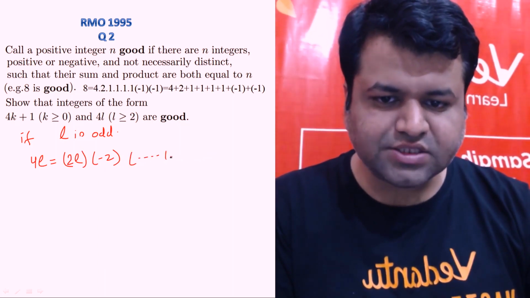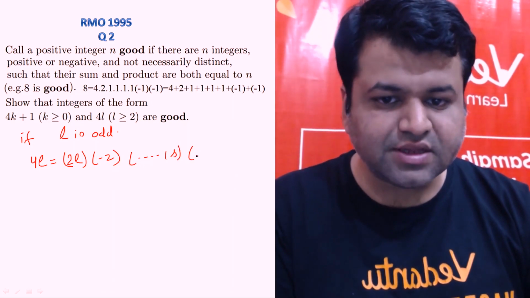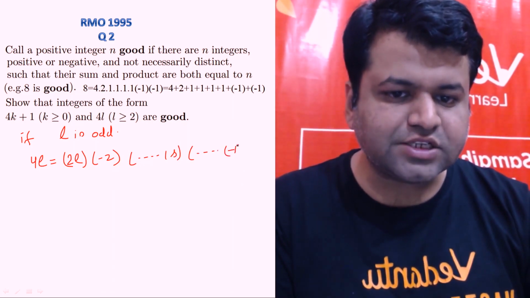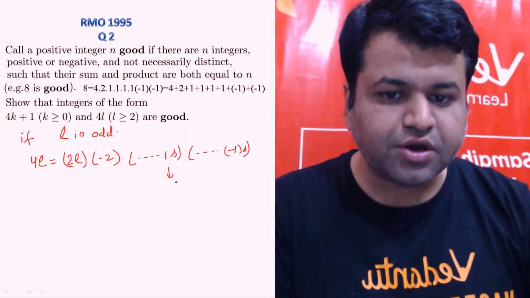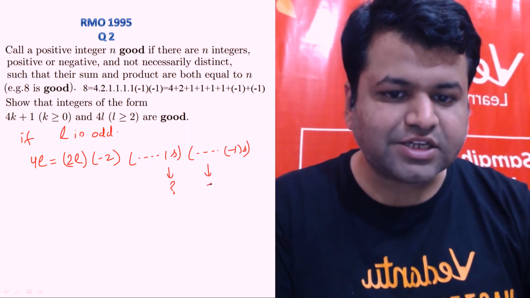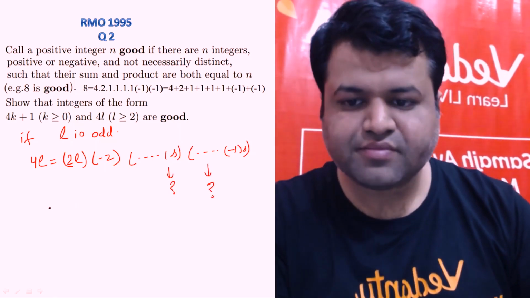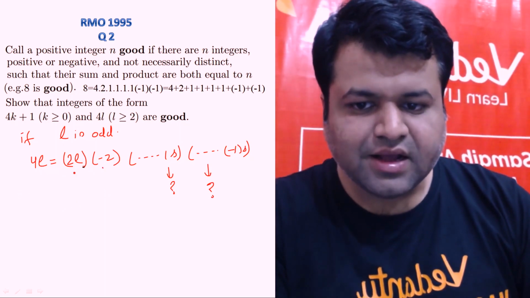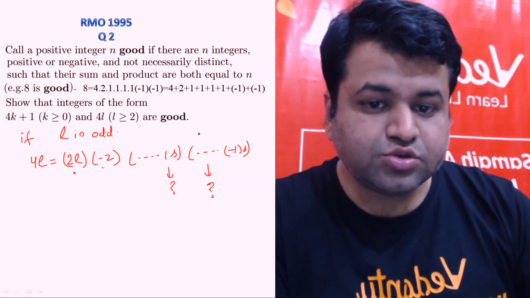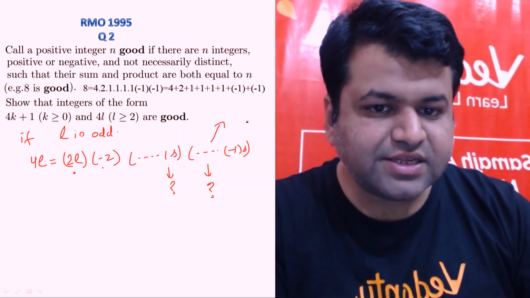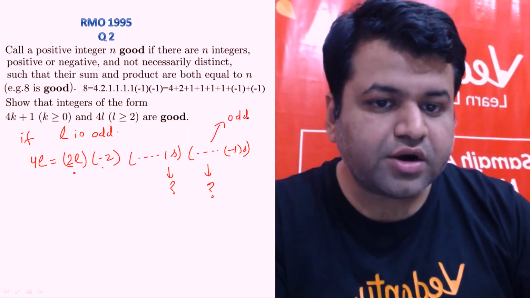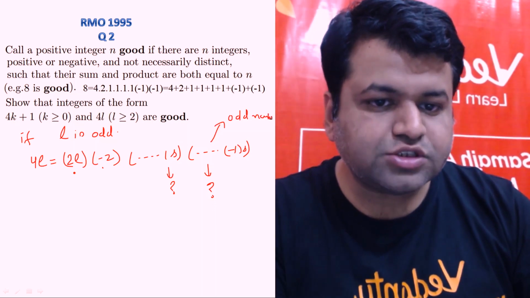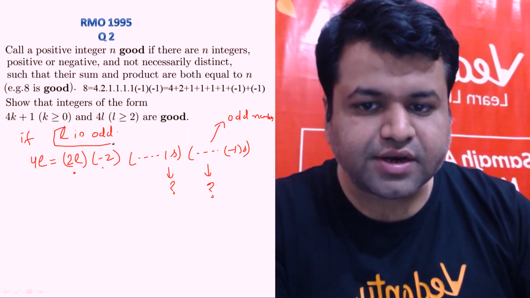Followed by some ones and some minus ones, which we need to decode, how many ones and how many minus ones will be needed. We have used only two numbers, and their product is clearly minus 4. So in this scenario we need this in odd numbers, and our L is also odd, right?